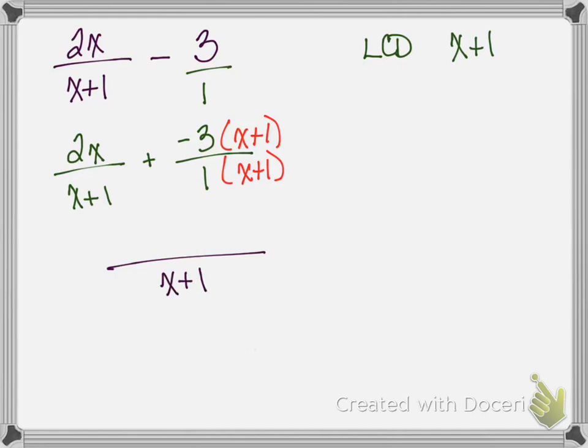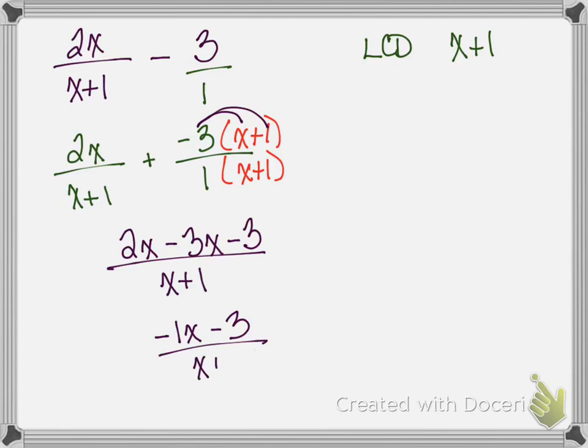X plus 1 is my denominator. 2x, this negative 3 has to be distributed. So I have minus 3x minus 3. So I'm left with negative 1x minus 3 over x plus 1.